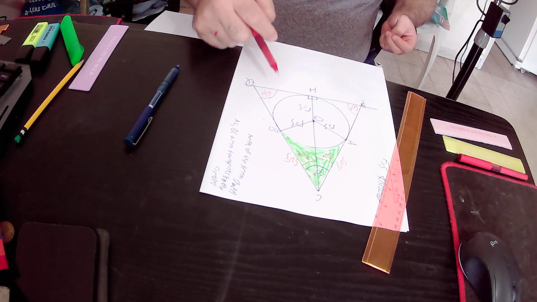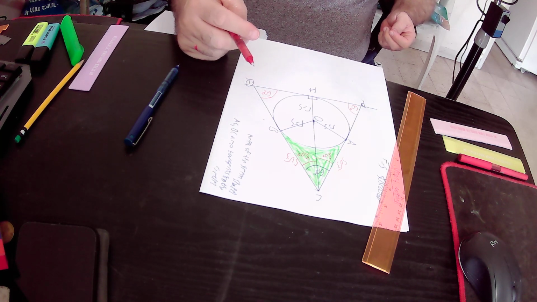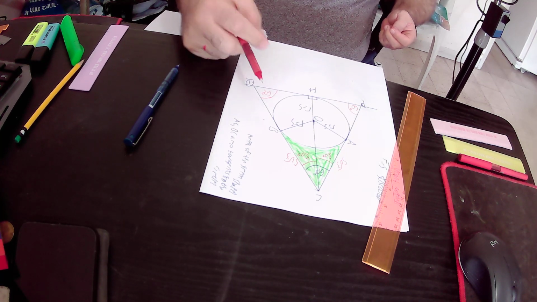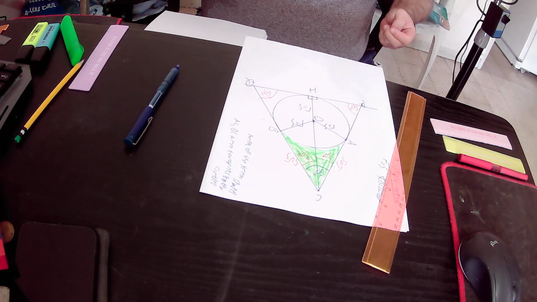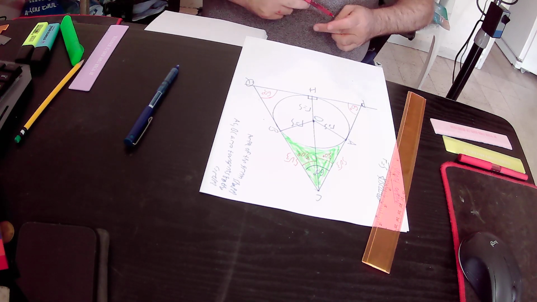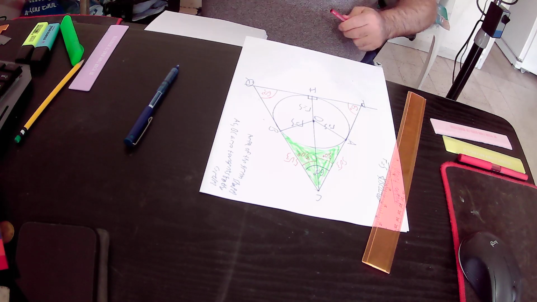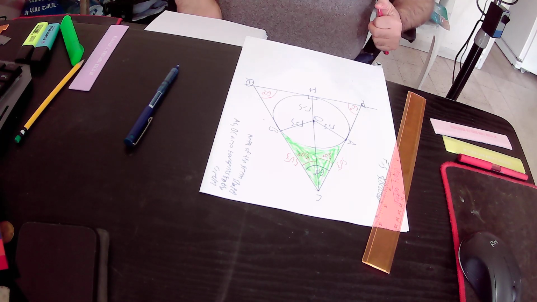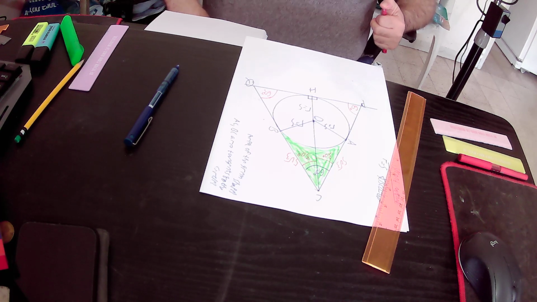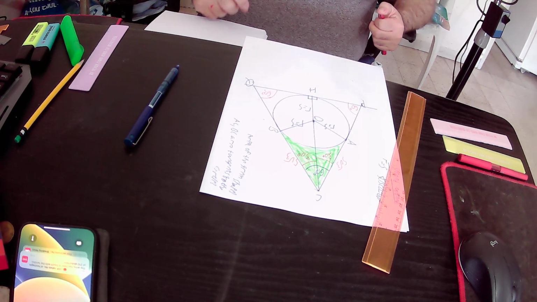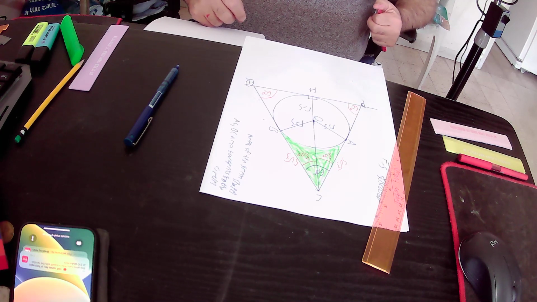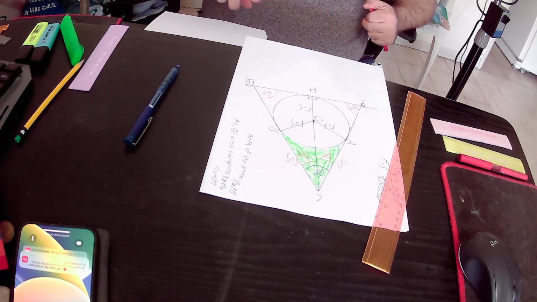So triangle CPQ is an equilateral triangle because it has three angles that equal 60 degrees. Okay? And we have a rule that states that the center of a circle inscribed in a triangle is the incenter of the triangle.